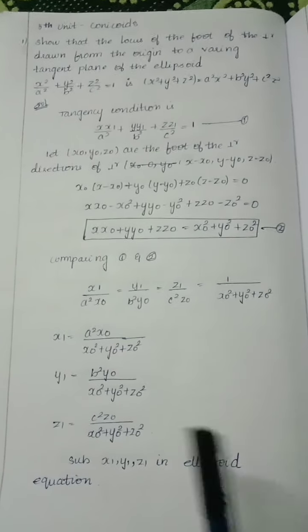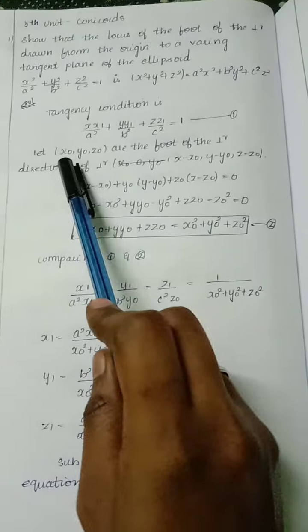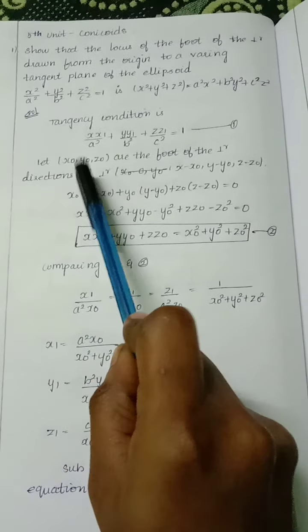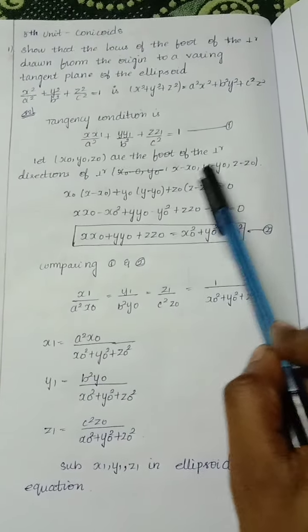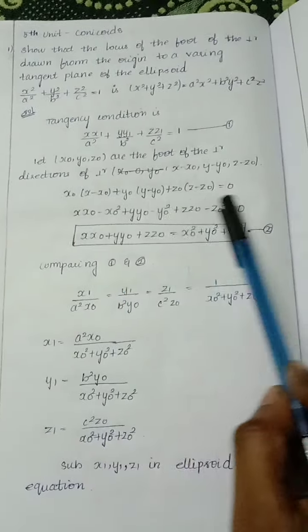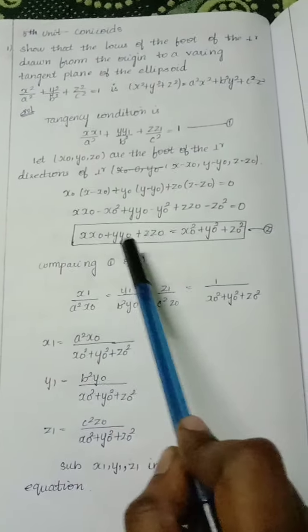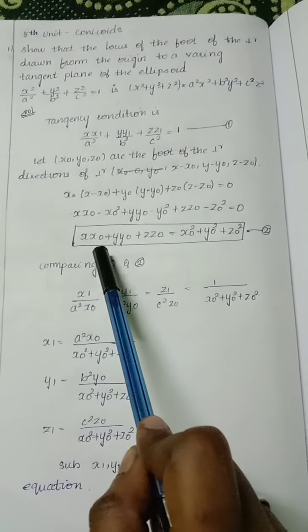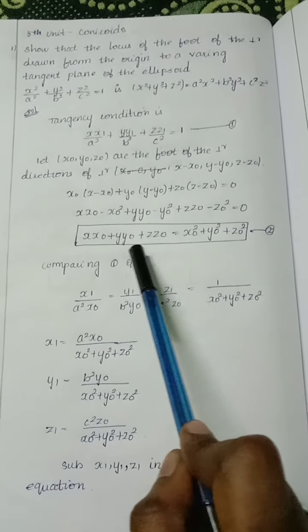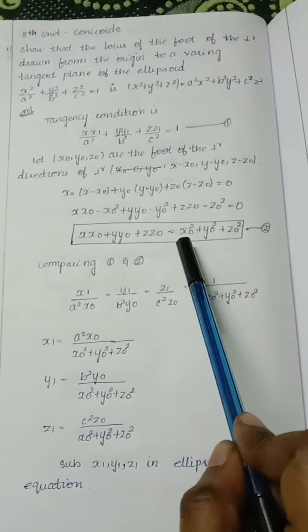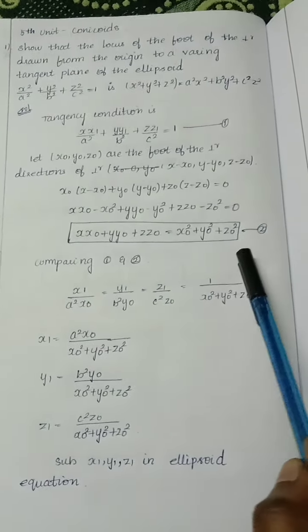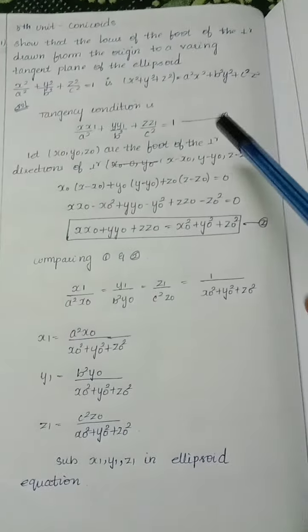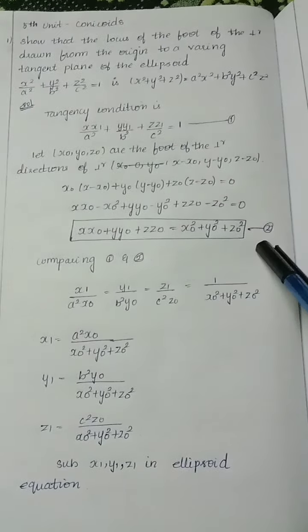Like that we had a formula. So we take this as lambda 1, gamma 1 and mu 1, and lambda 2, gamma 2, mu 2. Then we get our answer as x into x0 plus y into y0 plus z into z0 equal to x0 square plus y0 square plus z0 square. Like this we find our second equation.